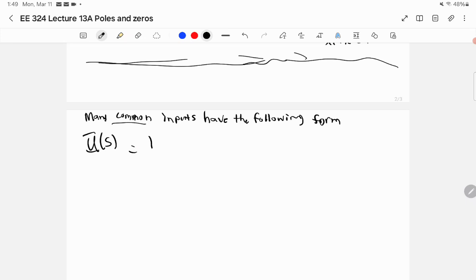U of s is equal to n of s over d of s, where n and d are polynomials of s.